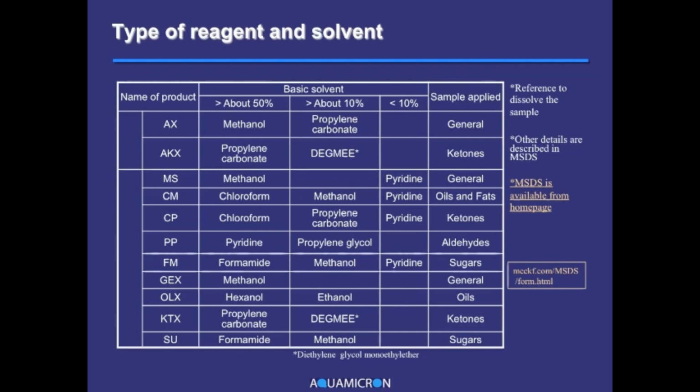You can use this table to select the proper grade by considering the sample solubility in such solvents. Most of the Karl-Fischer reagents are regulated in Japan by the following 3 laws: the Fire Defense Law, the Poisons and Deleterious Substances Control Law, and the Chemical Substances Control Law, or Pollutant Release and Transfer Register Law.